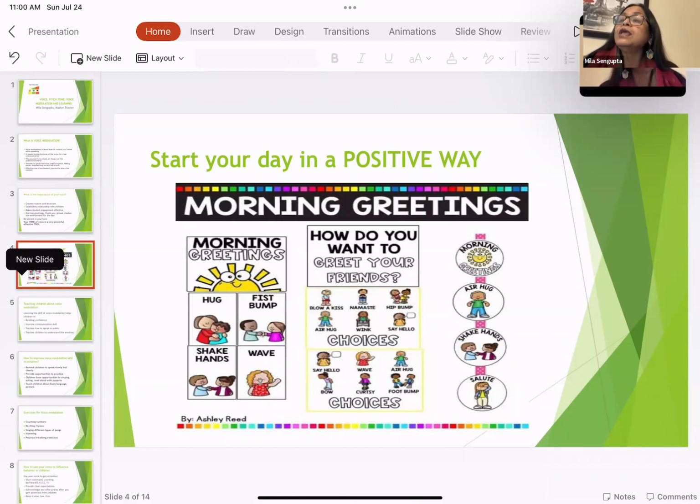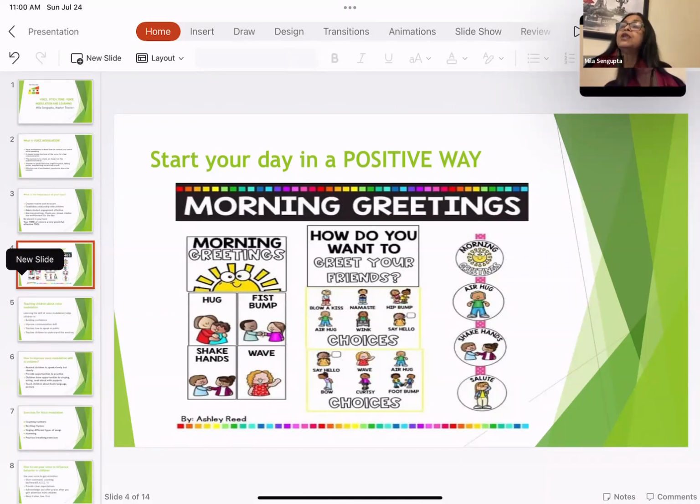So in the morning, greetings can be in any different way, or ask the children, how would you like to do it? How would you like me to greet you? Or how would you like to greet your friends? So these could be some of the ways that you could apply in your classroom, and always take into consideration your children's interests.